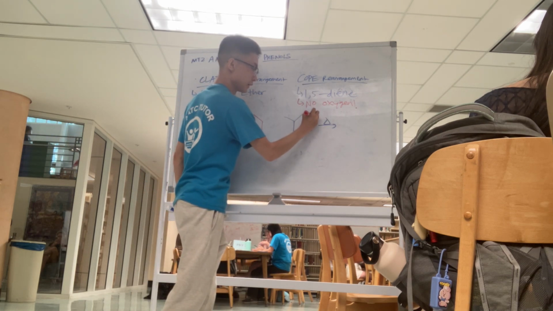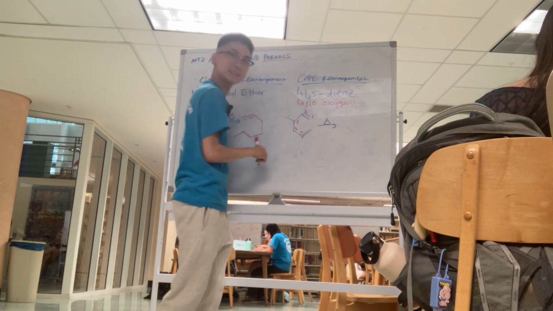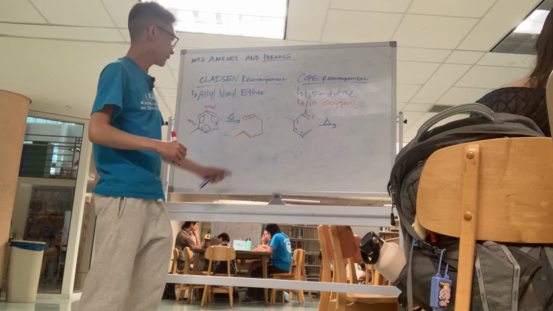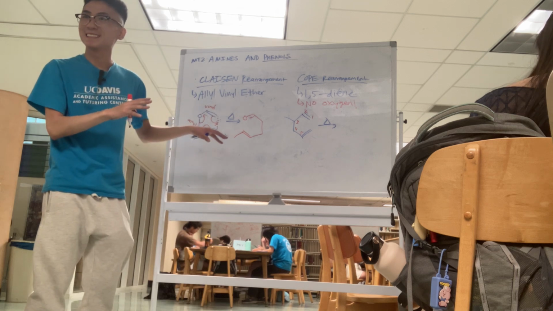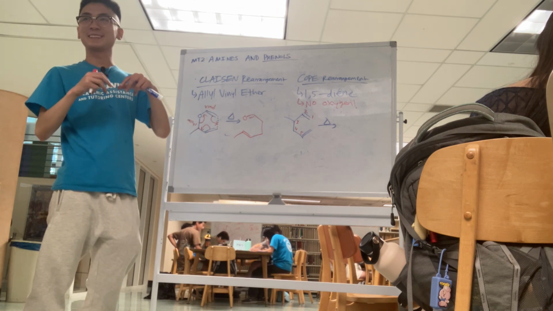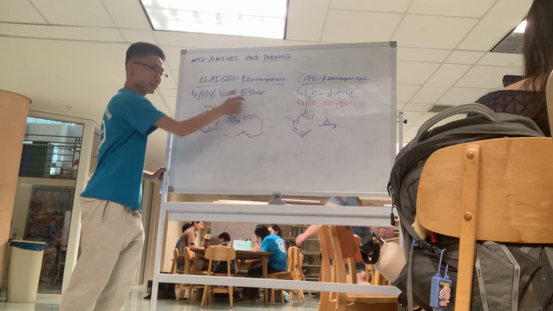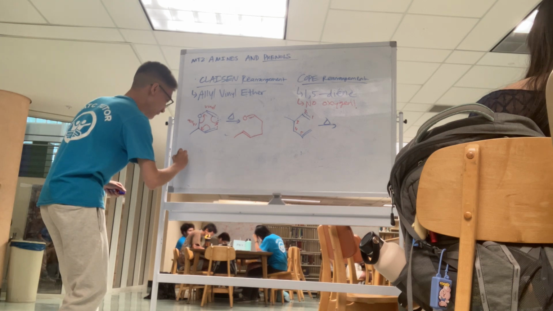So let's say this is 1, 2, 3, 4, 5, a 1,5 diene. Well, these are not rings. They're linear, open chains. Don't think of it as rings. Think of it as an allyl vinyl ether, like this, because he could give you it in this form right here.